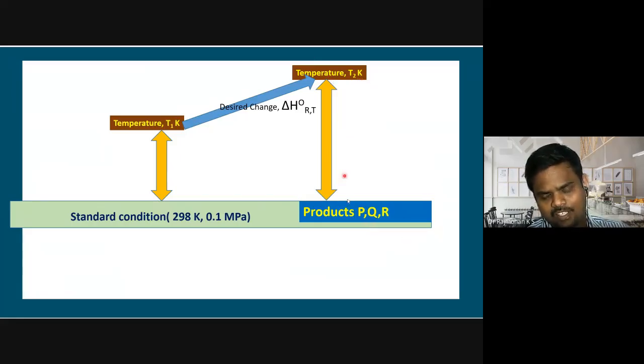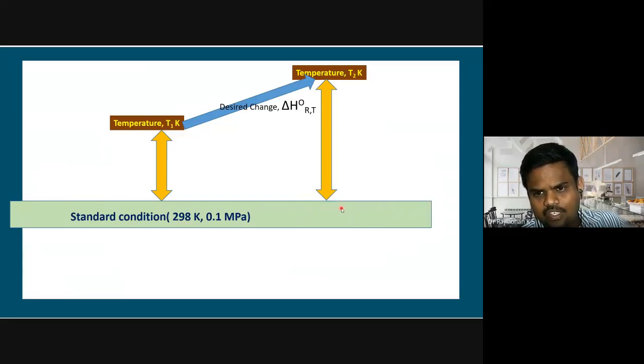How much heat needs to be supplied to raise the temperature of these products P, Q and R to a temperature of T2 Kelvin?